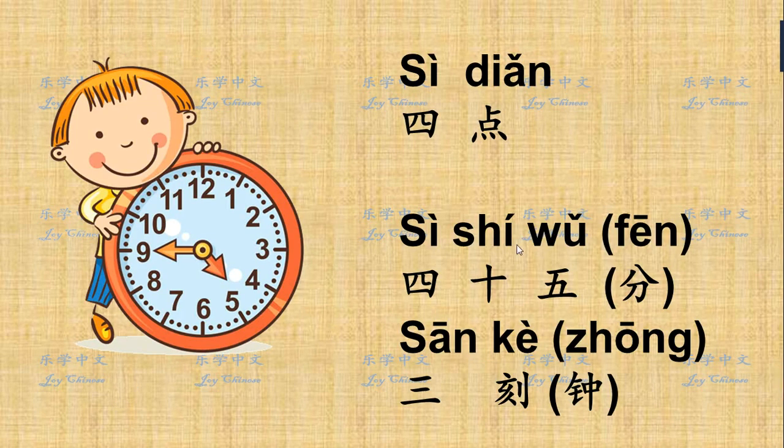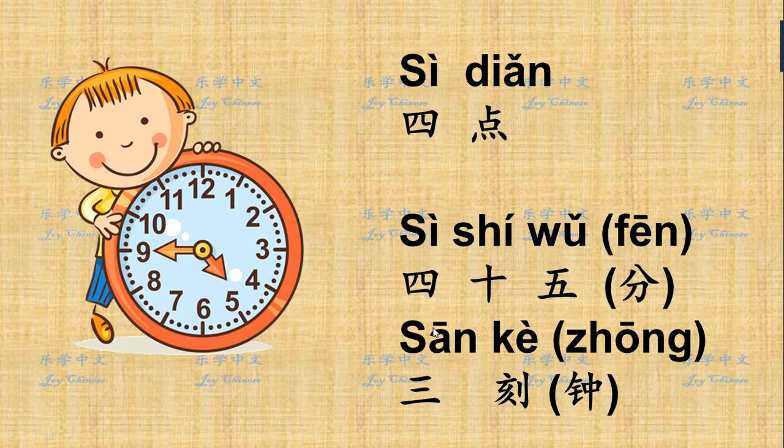Okay, let's go for the last one. This is 4:45. In Chinese, 4 o'clock, we say 4点. 45, 45分. It's a combination of 40 plus 5, 45. 45分. You can decide by yourself if you want to say 分 or not.